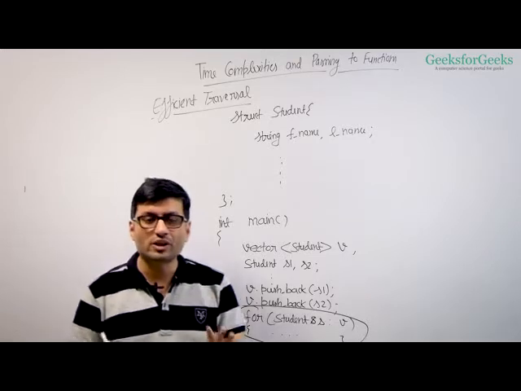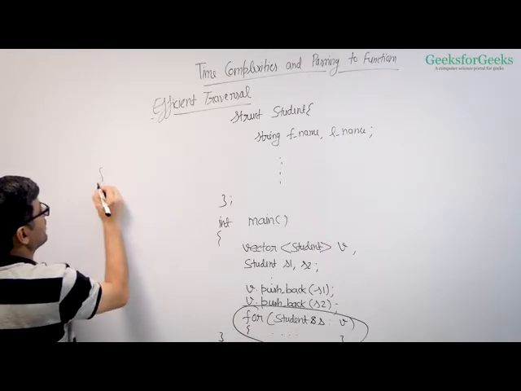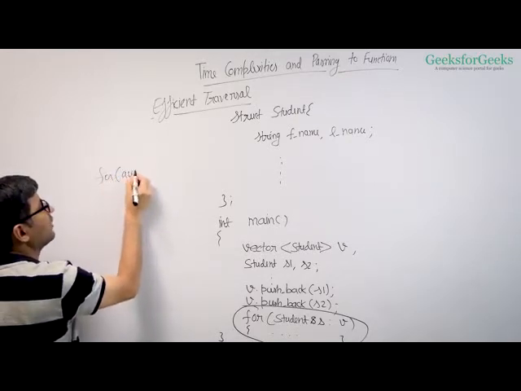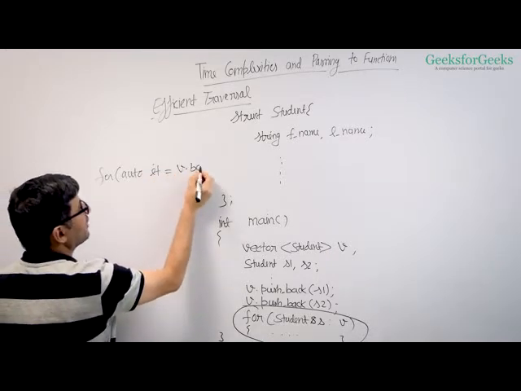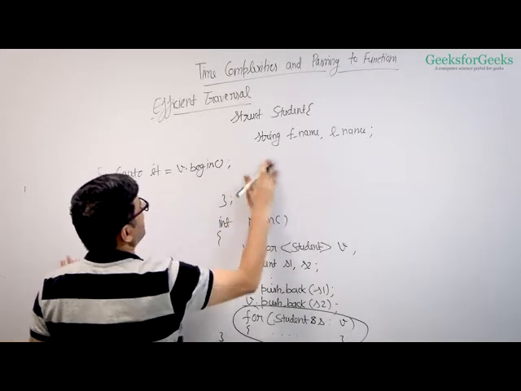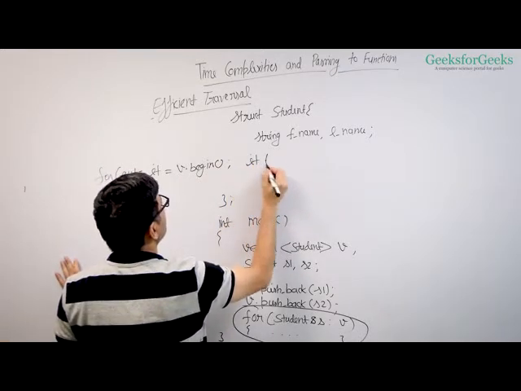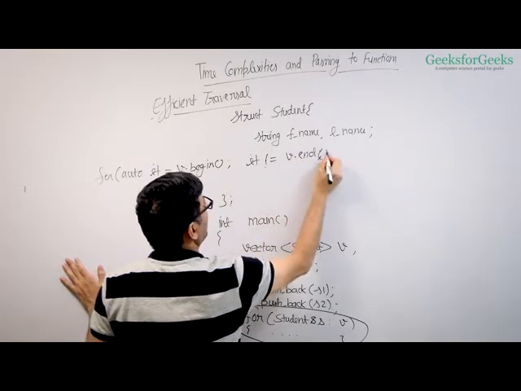See, if you are traversing the vector this way, using iterators, using something like this, for auto iterator equal to v.begin, and then that loop while iterator is not equal to v.end, iterator plus plus.